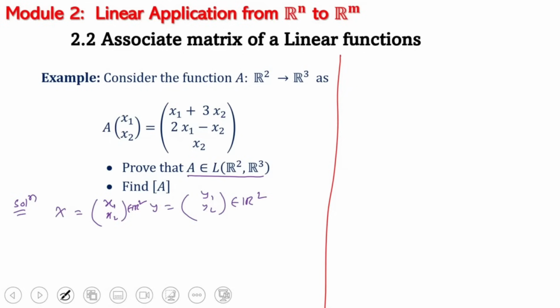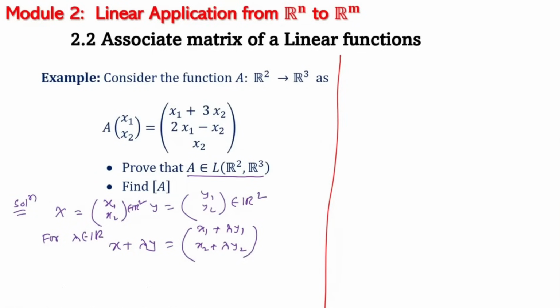Okay, then for lambda belonging to R, we have x plus lambda y, which will be (x1 plus lambda y1, x2 plus lambda y2).